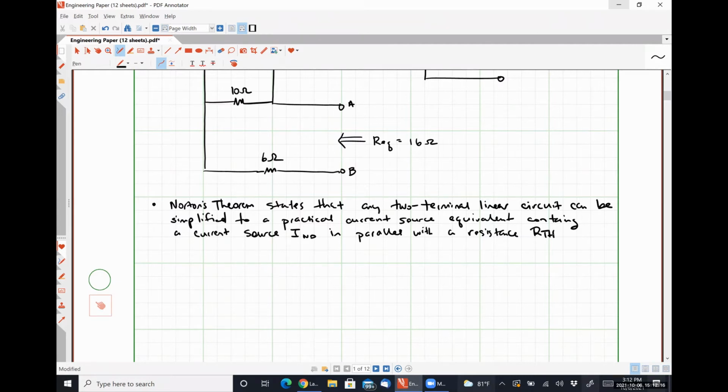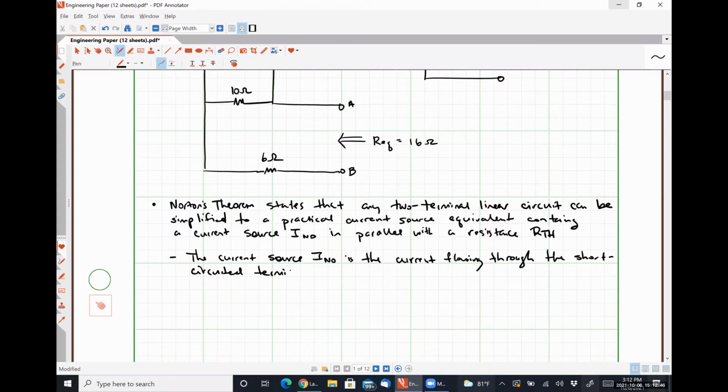So this current source I Norton is the current flowing through the short circuited terminals of the live network. Okay.